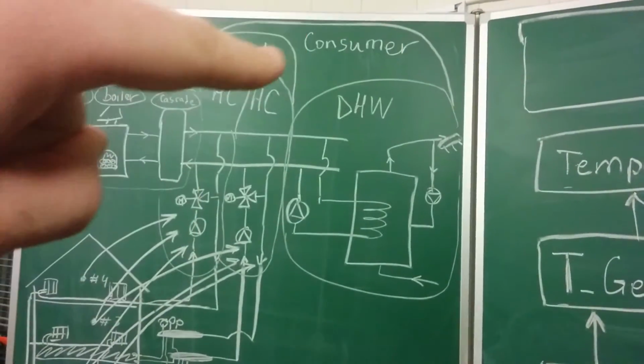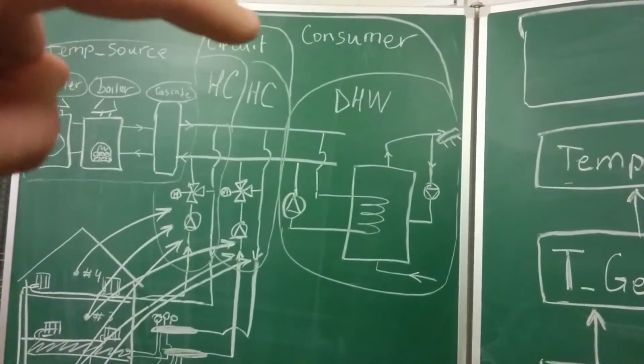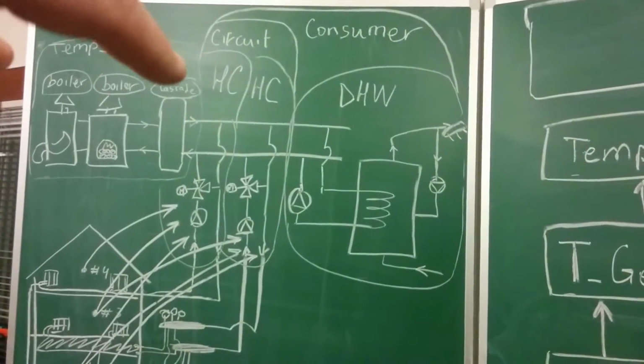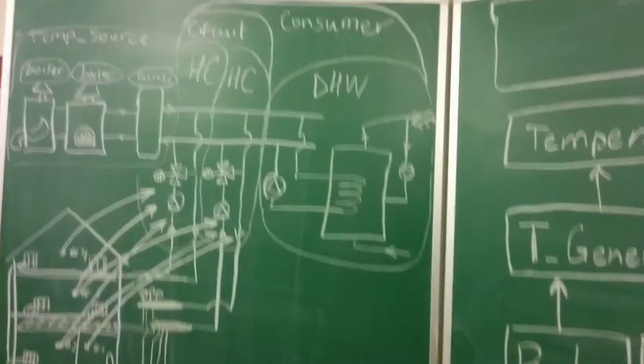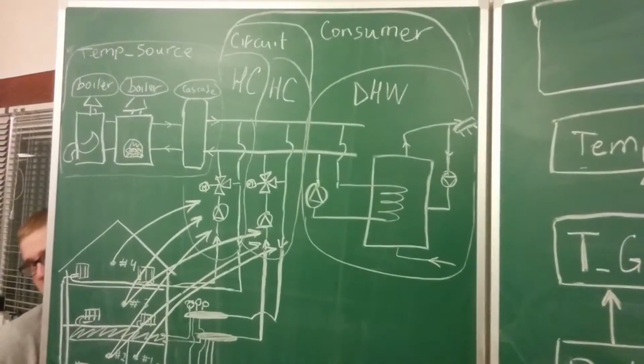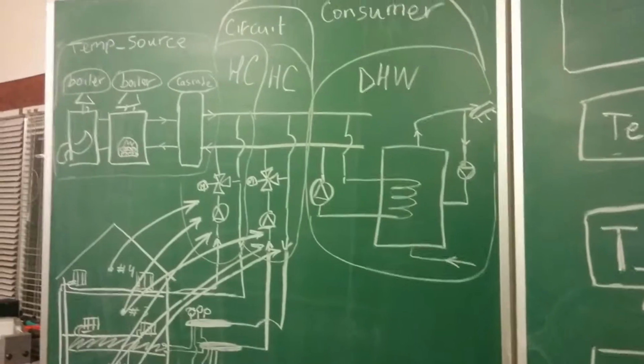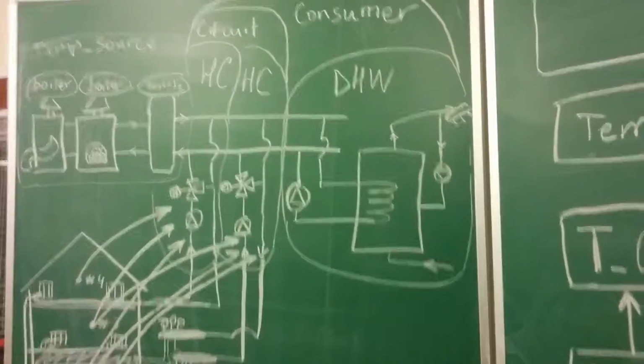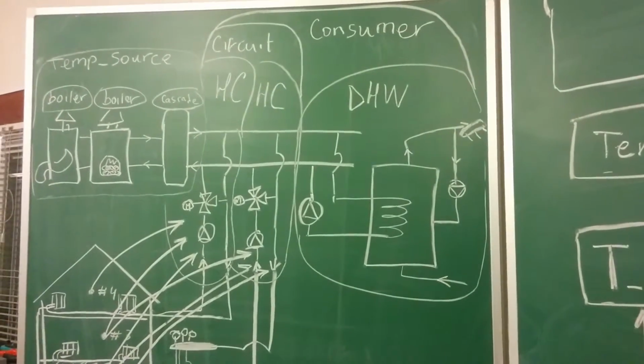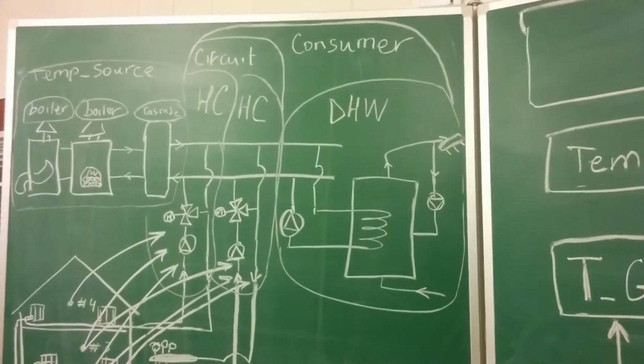All the consumers just talk, in this case, to the Cascade Manager and tell it their required temperature. So the Cascade Manager could operate the boilers to achieve the target temperature.